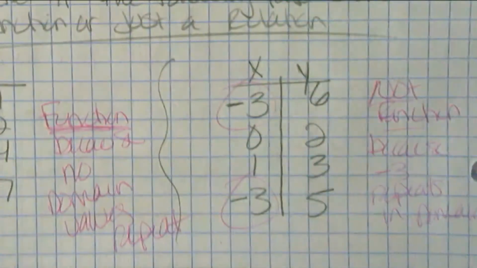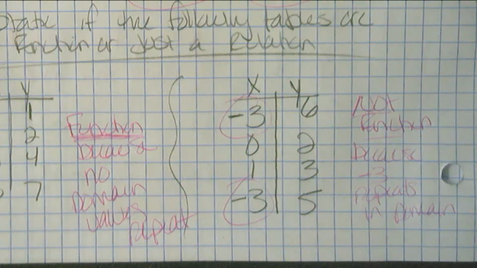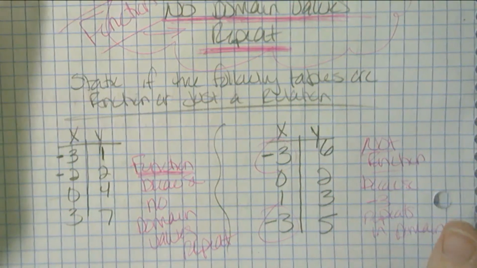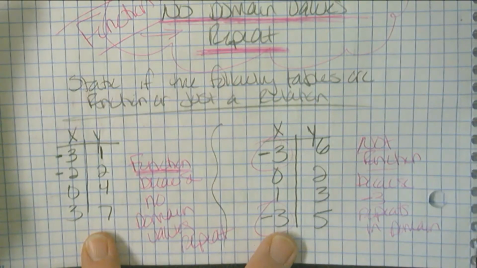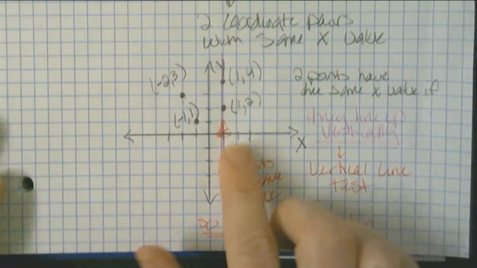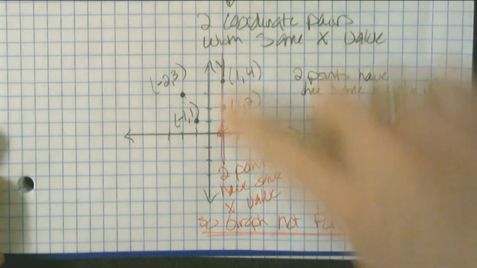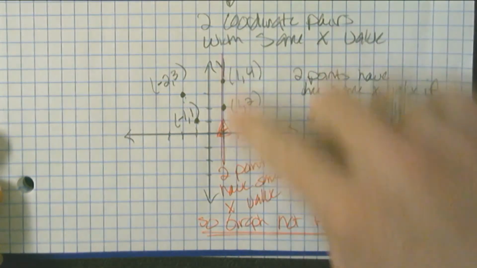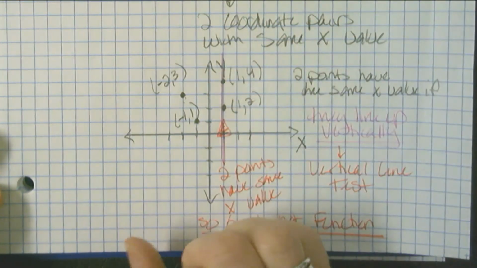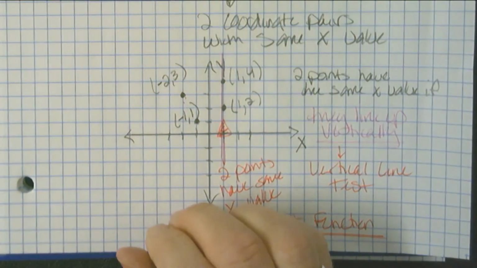We've looked at tables and how to determine if we have a function or not. So for tables, we look to see, do any x values repeat? For graphs, we're looking just to see, does a vertical line cross through more than 1 point of that graph?